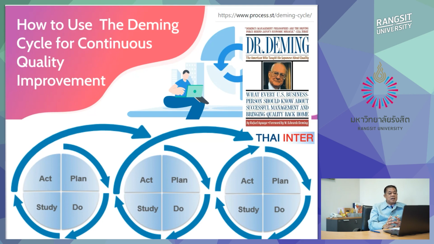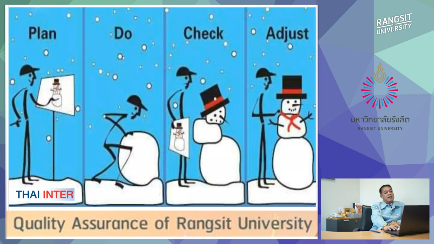The student can start from one cycle of the PDCA, and after that act and do another planning, further planning, until successful. This is the example of the snowman drawing. We start from the plan. We have the paper of the model or the blueprint of the snowman.